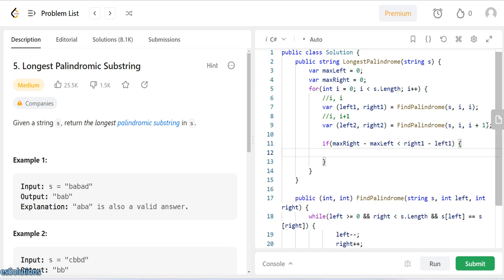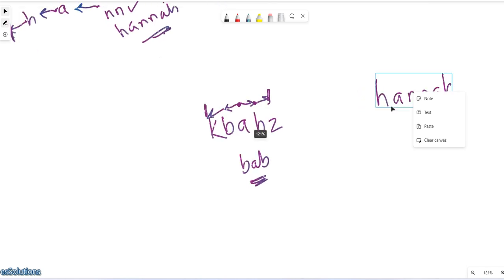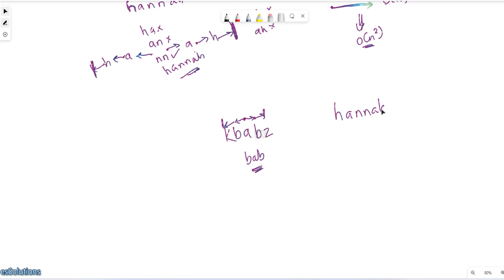Basically, what I'm saying is that we don't want to replace the maximum if the palindrome we have now is not up to it. For example, imagine we had Anna here, and we start from the front, and then we have Fab here.